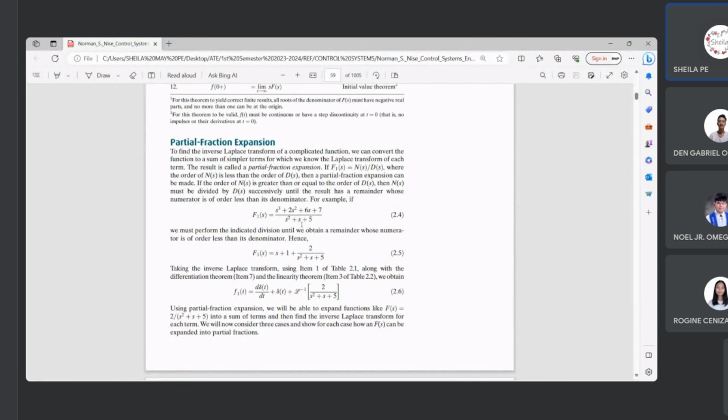So for example, in the book, if you have s cubed plus 2s squared plus 6s plus 7 divided by s squared plus s plus 5. Okay. So gihatag ko na niya nga s cube siya.